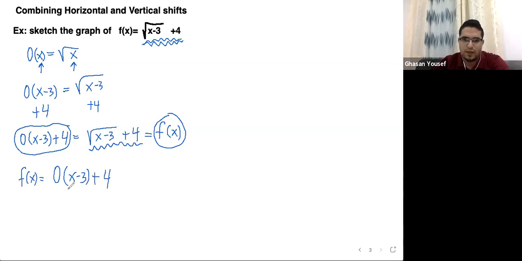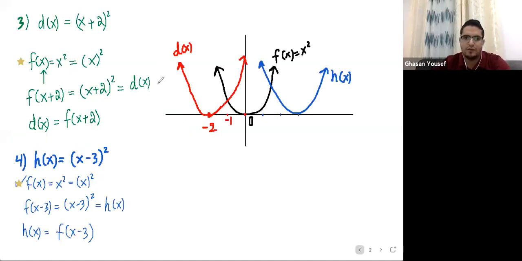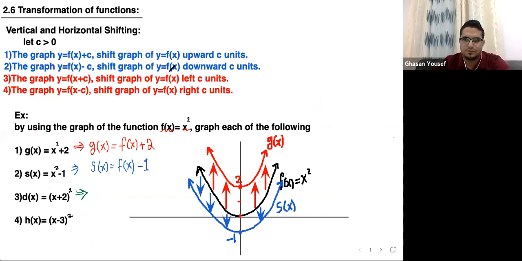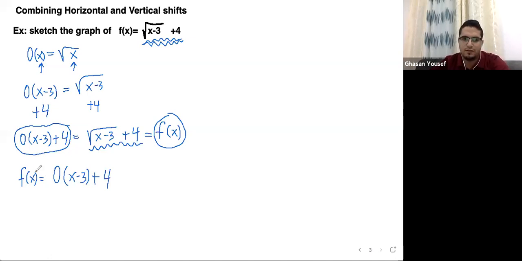Now to graph this one, we have to graph the original function, square root of x. Then what should we do when you see the minus inside the parentheses? The minus 3 inside the parentheses, which rule do we have to use? One or two or three or four? I'm going to graph this f of x by graphing the original function of x minus 3 plus 4.